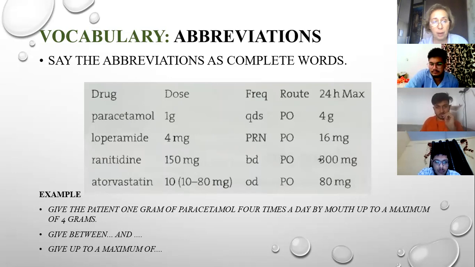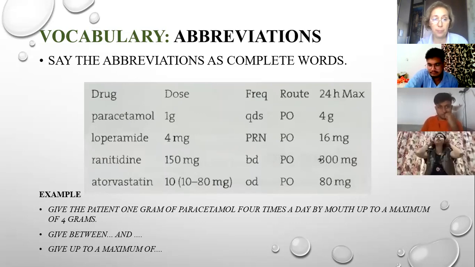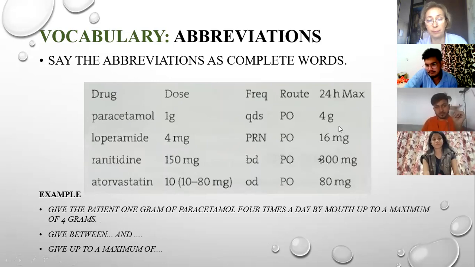And there is an example given below the chart about the paracetamol. You can see it should be like, give the patient 1 gram of paracetamol 4 times a day by mouth, up to a maximum of 4 grams.